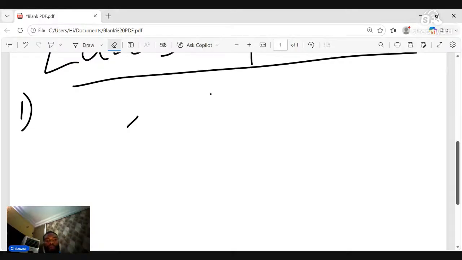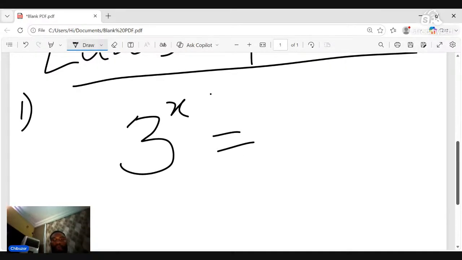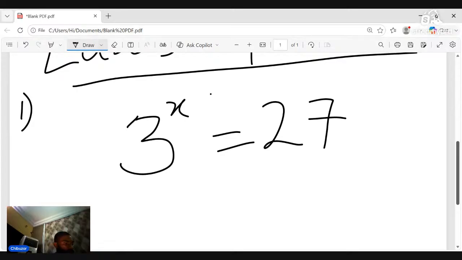For example, if you have 3^x = 27, to solve this, you have to make the bases equal. By this, I mean you have to express 27 as a power of 3.